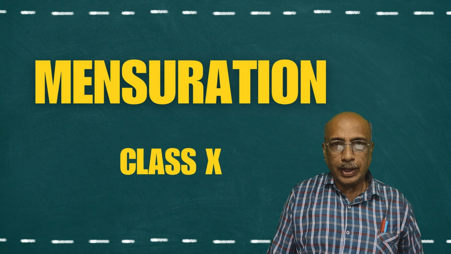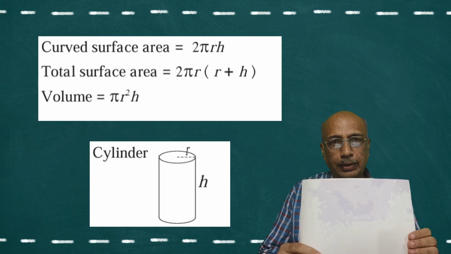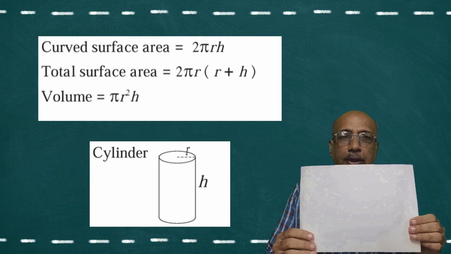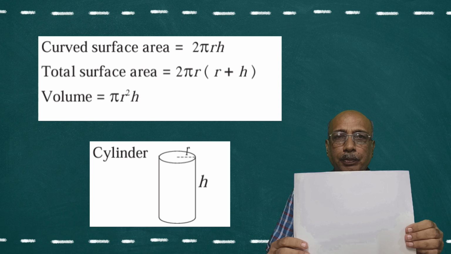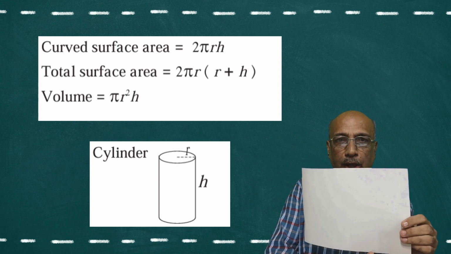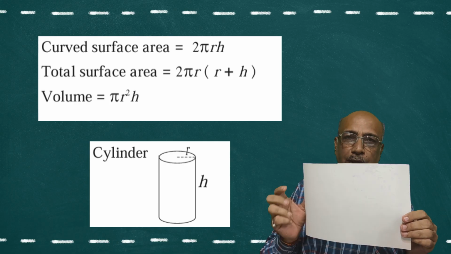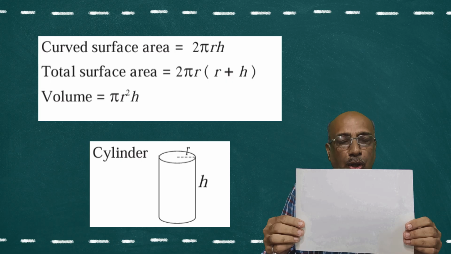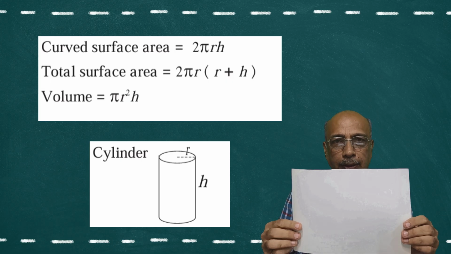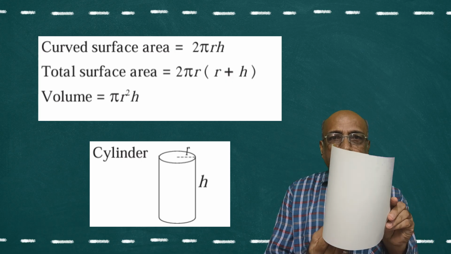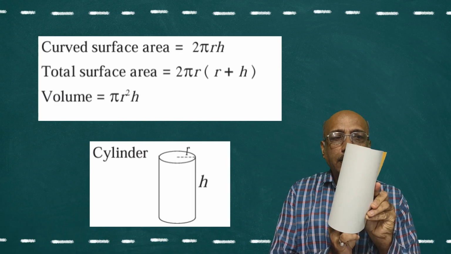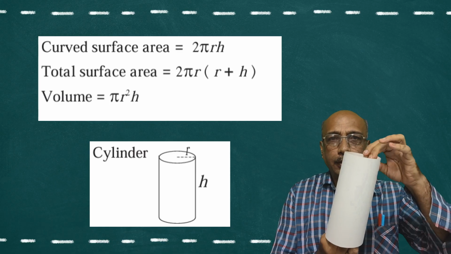Next object is cylinder. Now here you see, this is the rectangular sheet. If I want to fold it, so length and breadth of the rectangular sheet is here. So if I fold this length like this, it will form a cylinder. Do you agree?